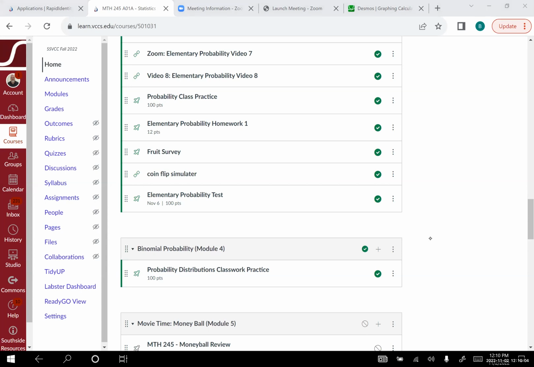We're going to look at probability distributions, and they're going to look familiar because what they really are is kind of like frequency distributions, but the only column they have is probability.